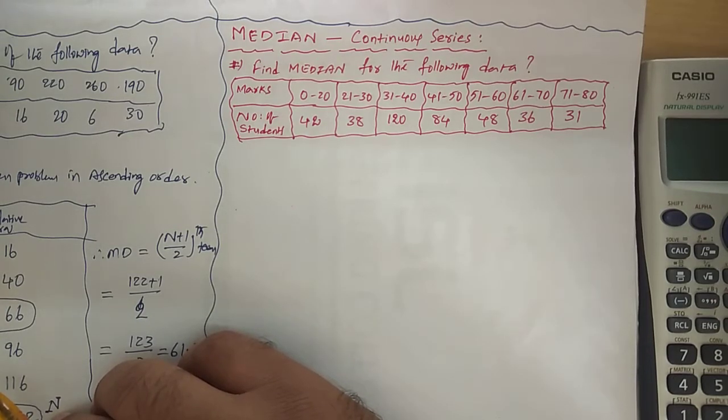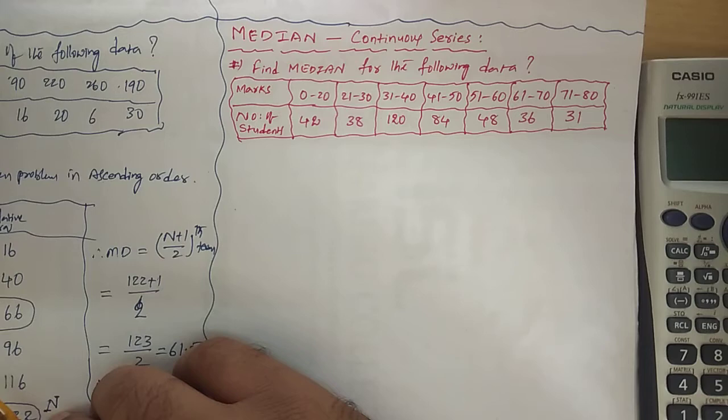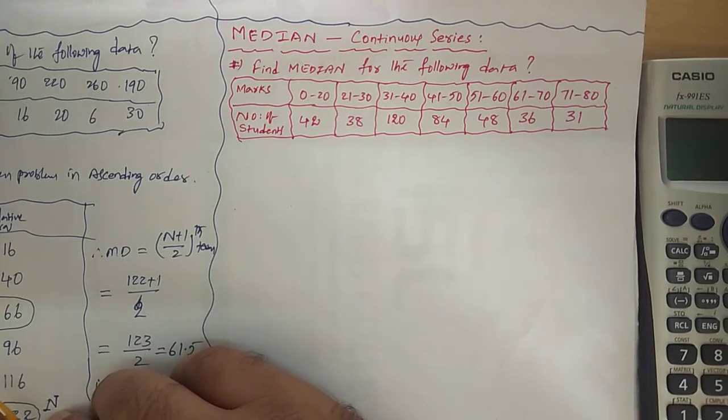So in the case of individual series, what are the special cases? Even number of elements would be there, as well as odd number of elements. Whenever an odd number of elements are there, exactly the middle value is going to be the median, after writing the given series of values in ascending order, or if you want, in descending order.